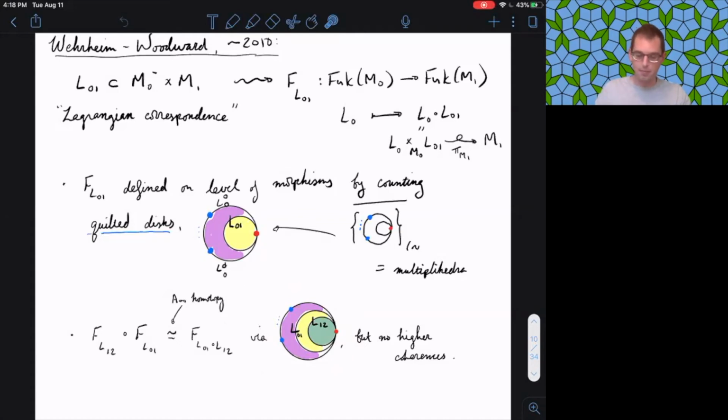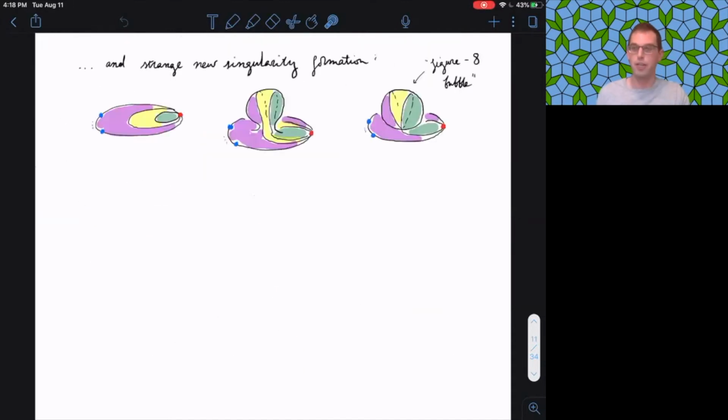They didn't build higher coherences, and something that's maybe more foreboding is that when they studied these quilted disks with 3 patches, they ran into this strange new kind of singularity formation, which is depicted kind of impressionistically here.